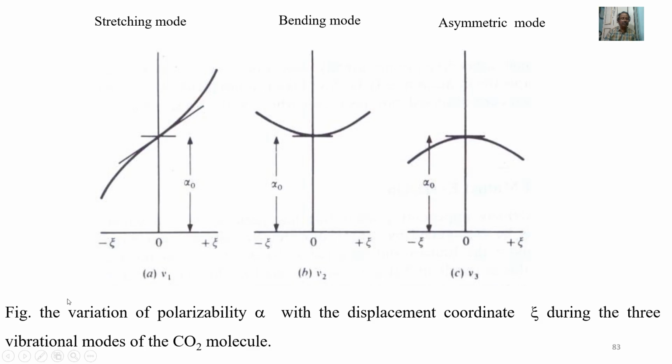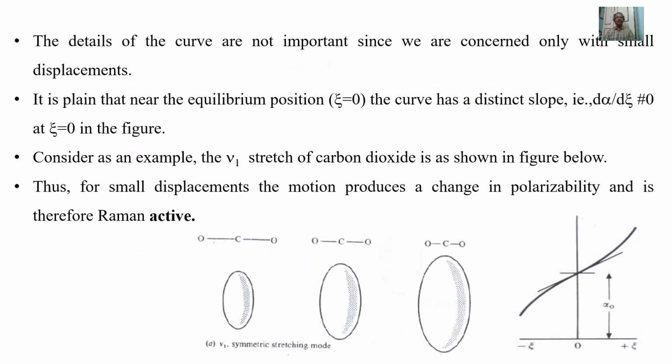So this figure shows the variation of polarizability alpha with the displacement coordinate xi during the three vibration modes of the CO2 molecule. The details of the curve are not important since we are concerned only with small displacements. It is plain that near the equilibrium position, where xi equals 0, the curve has a distinct slope, where d alpha by d psi is not equal to 0.